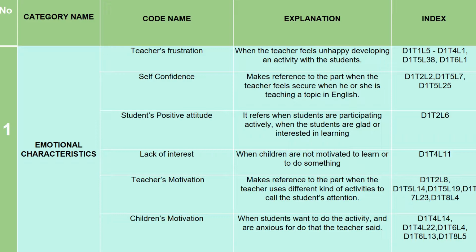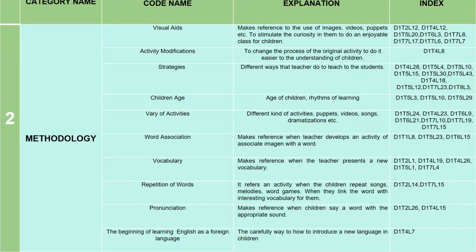Emotional characteristics express every feeling and emotion that the teacher felt in English class. For example, teacher frustration, self-confidence, students' positive attitude, lack of interest, teacher motivation, children motivation. Methodology talks about each strategy and resource used for learning in the English class.